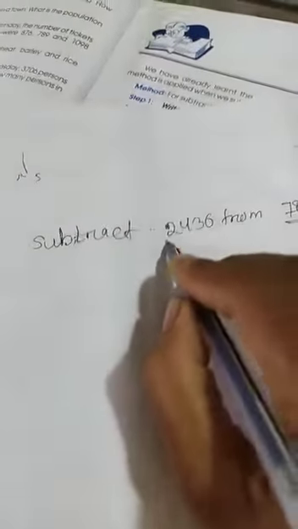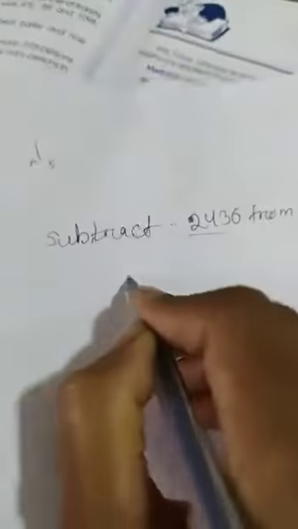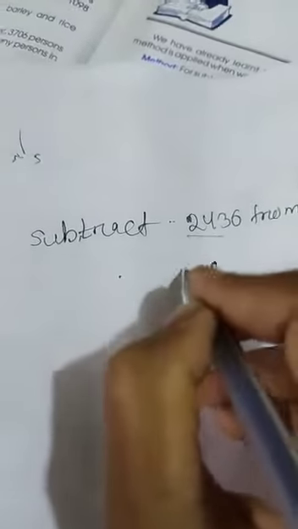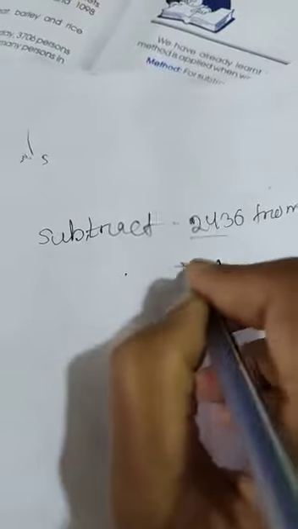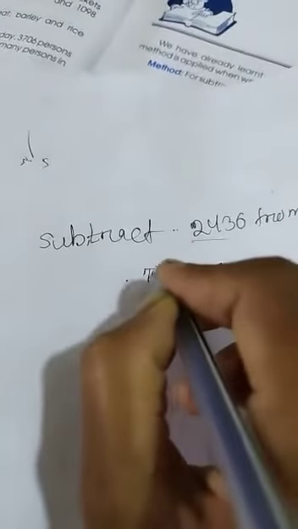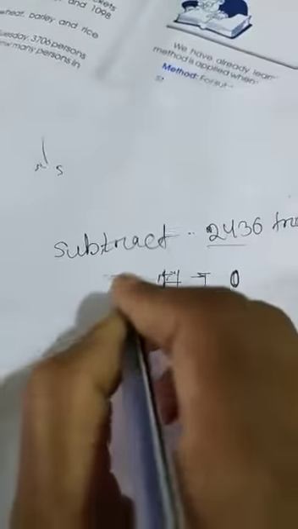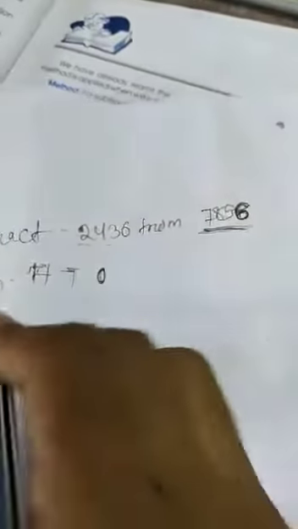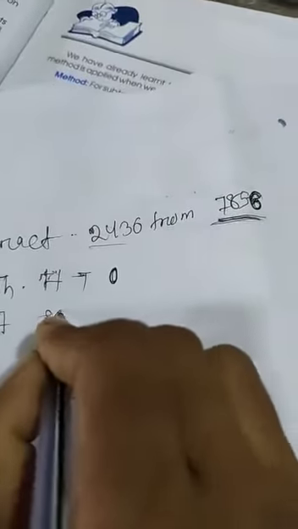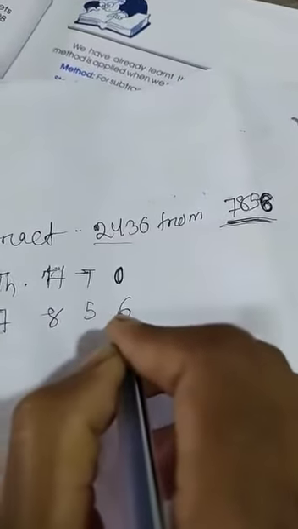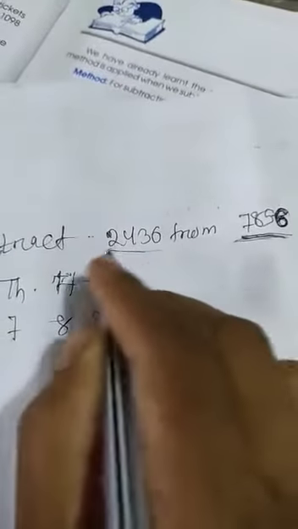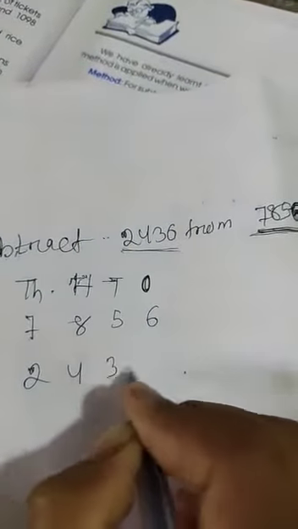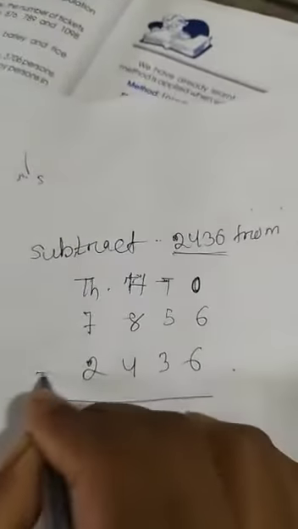We know this is the large number, so first we write the large number. First we make a place chart: ones, tens, hundreds and thousands. Then we write the large number, 7,856. Then we write the small number, 2,436. Then we subtract them like this.